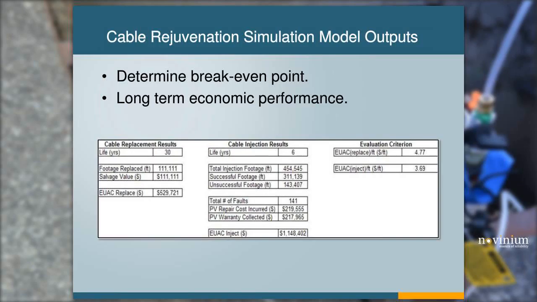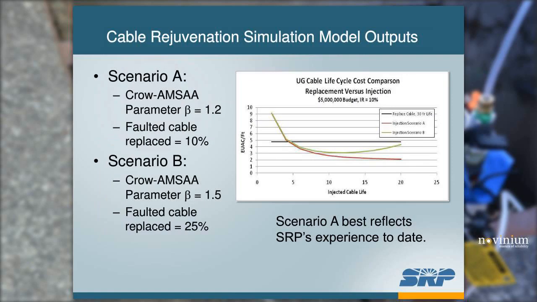Our total number of faults, our repair costs, our warranty cost, and then we take that equivalent uniform annual cost divided by the footage. So for this scenario, an economic life of 6 years on our injected cable, it is more beneficial economically to inject cable than to replace it, because our uniform equivalent cost per foot is less for injection than for replacement.